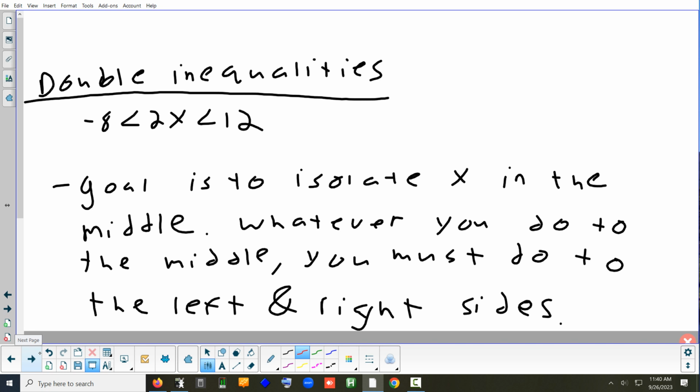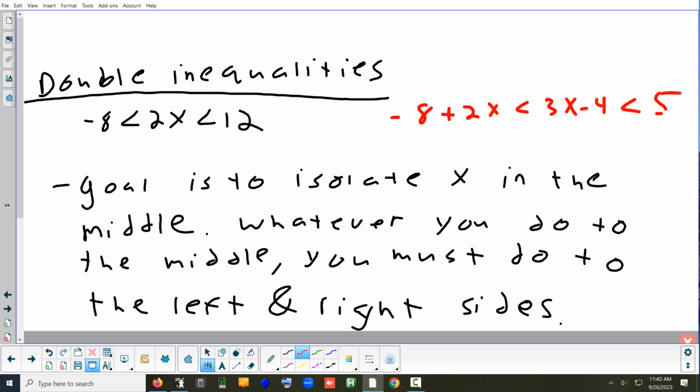Now, when this method doesn't work is if you have something like this. In that kind of compound inequality, no matter what you do, you are never going to be able to get an x alone in the middle.